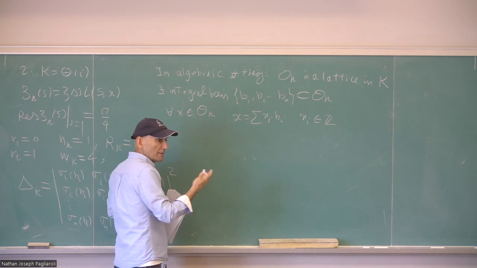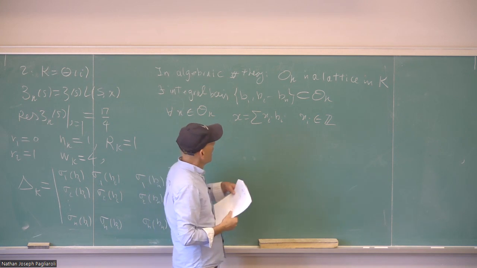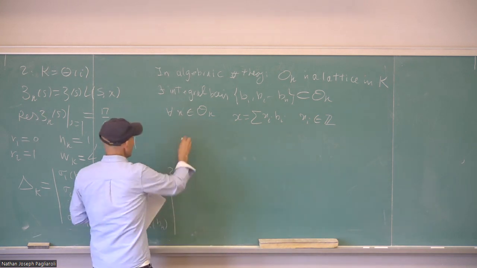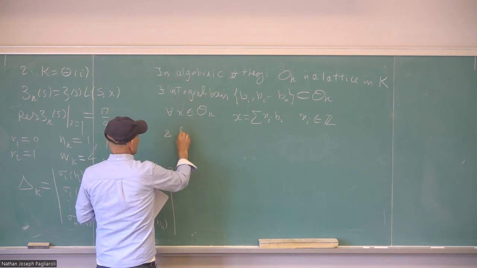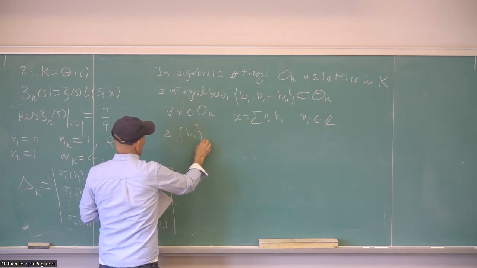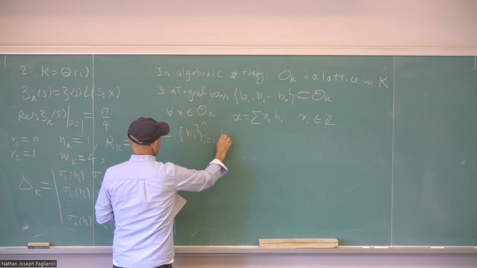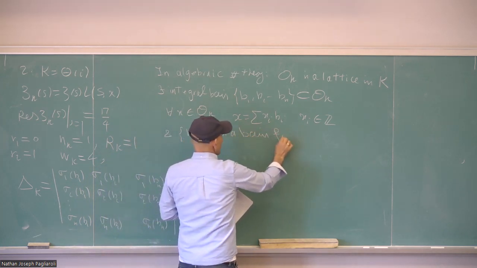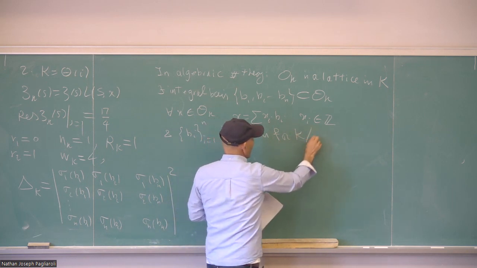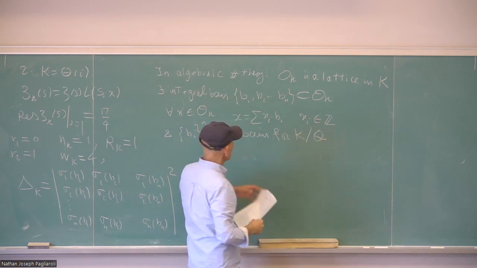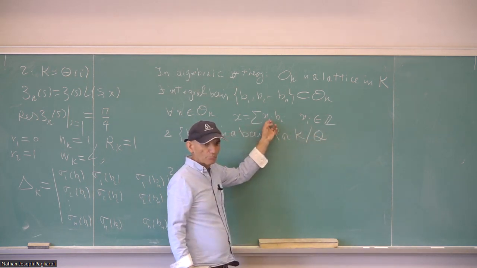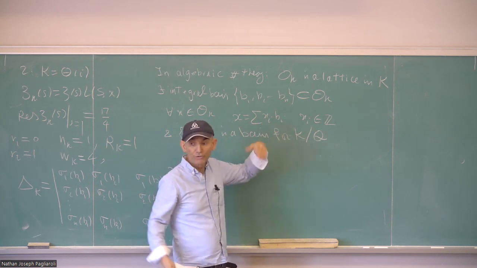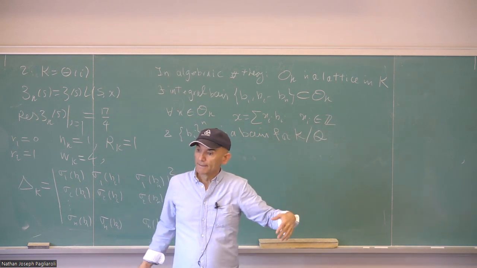It's really a basis for K over Q. So the bi, i from 1 to n, is a basis for K over Q. In other words, if you replace these integers by rationals, you're going to get everything in K.